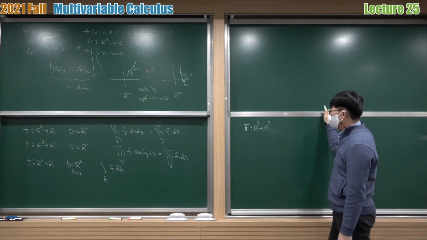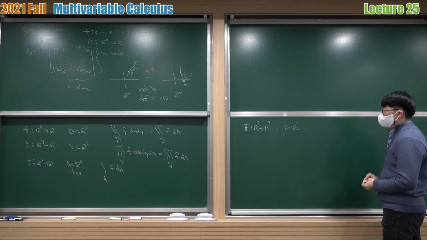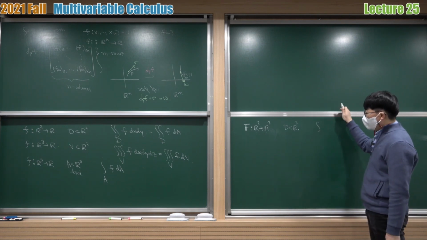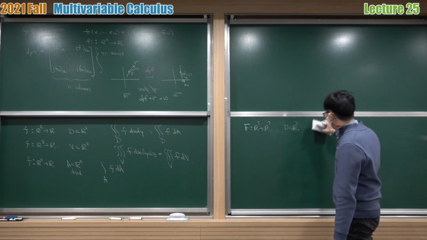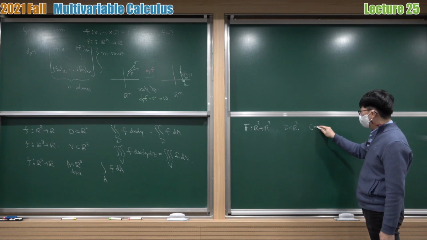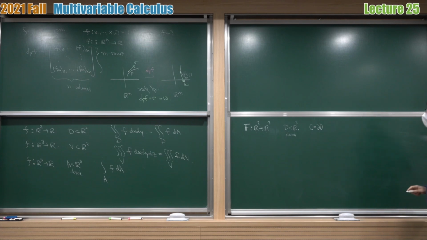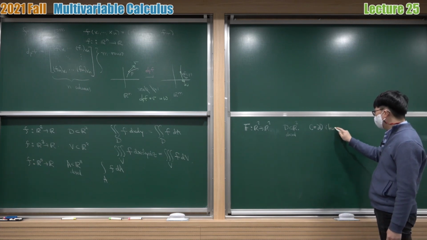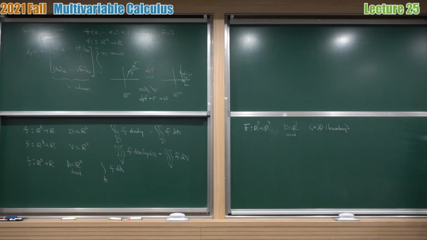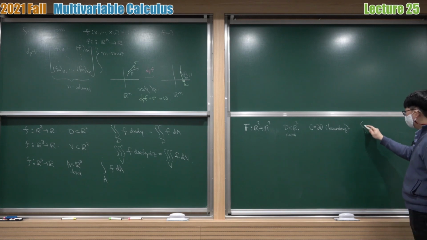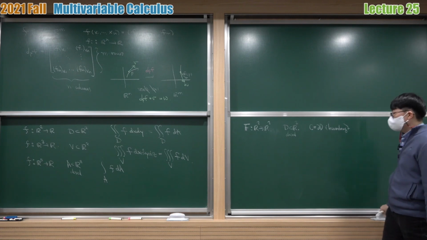And so here the situation is similar. When you have a domain D, and you have a boundary of D, so I'm calling D a closed domain, and C is the boundary curve, then you can define a line integration over the curve C. Or maybe I start from here.